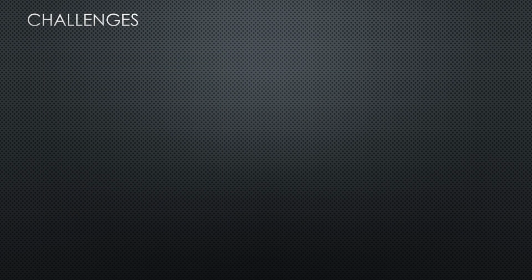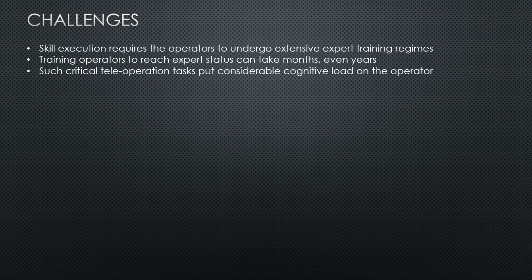Now coming to the problem that is being addressed in this paper, there are a few challenges with using teleoperation for skill execution. Skill execution requires that the operators undergo tremendous training. They need to be at expert level, and this can require months and even years of training before they can actually start teleoperating the robot.